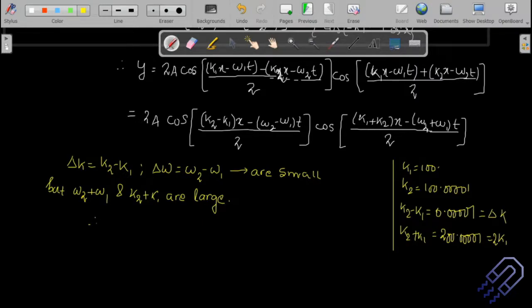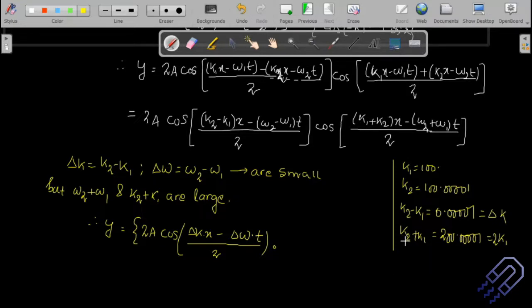So therefore y is equal to 2a cos of delta k into x, because k2 minus k1 is delta k, minus delta omega, which is omega 2 minus omega 1, into t, divided by 2. So this is one, and the second one here is cos of k1 plus k2.